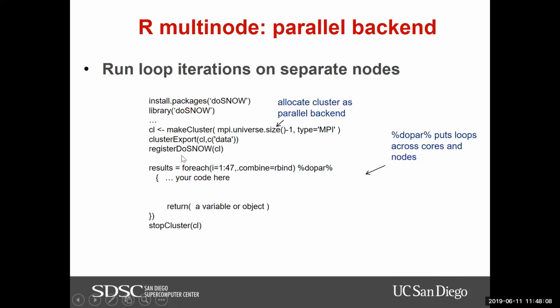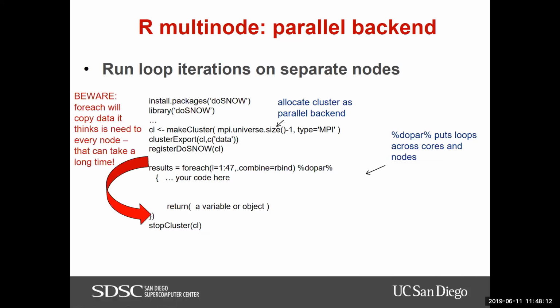You register this cluster, and now you have the same foreach command. But again, you still have a potential issue in that if you have data that needs to be used at each core, sometimes it gets copied around. And so a multi-node process with R sometimes doesn't work as well as you'd like.